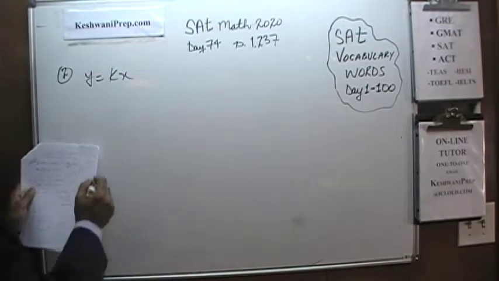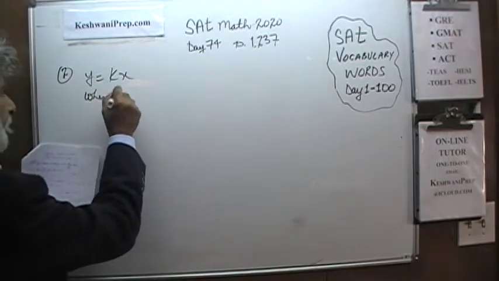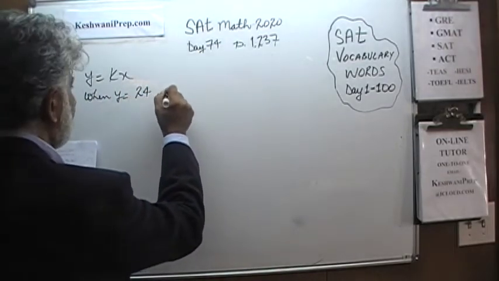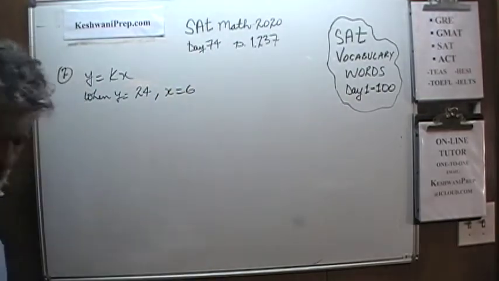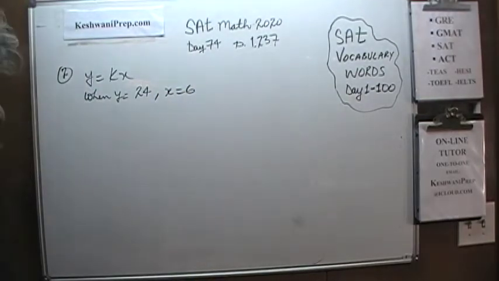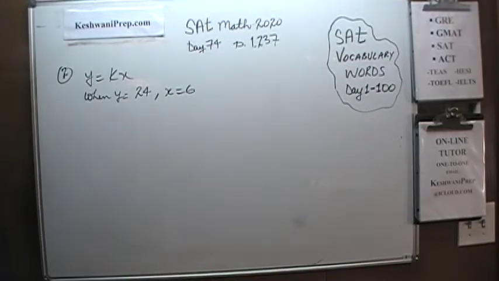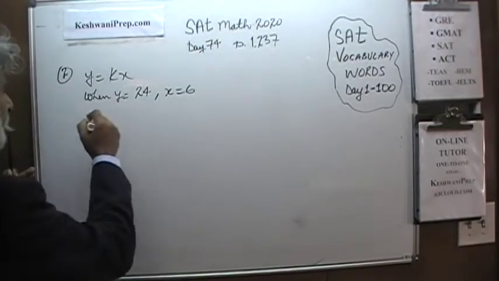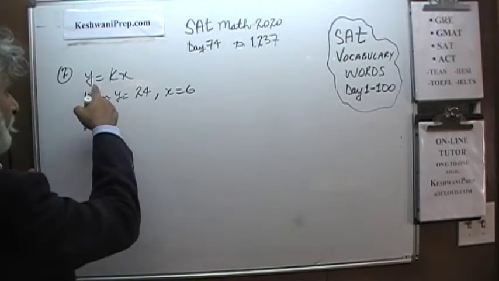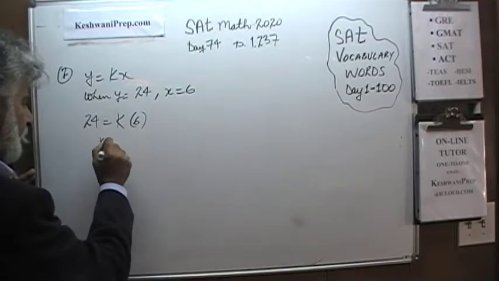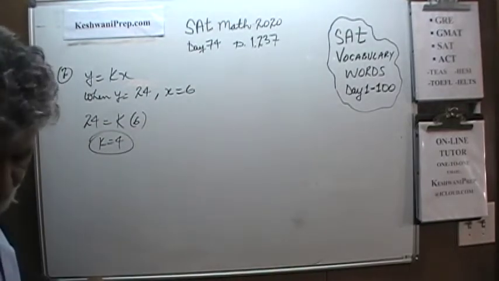K is a constant. We are also told that when y is equal to 24, x happens to be 6. Obviously, we can use these two bits of information and figure out the value of k. When y is 24, y is equal to k times x, x is equal to 6. Very straightforward. K must be 4.